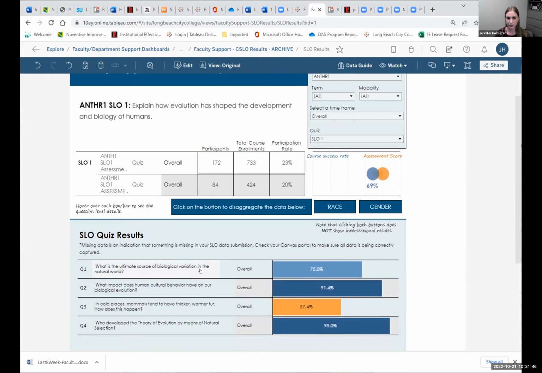So any questions about the dashboard overall? Jennifer. Oh yeah. I'm glad that you mentioned that you're going to be looking at the patterns. But what are you going to be doing with the data after you look at any significant changes or improvements?